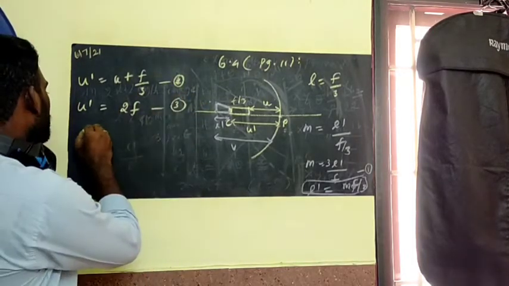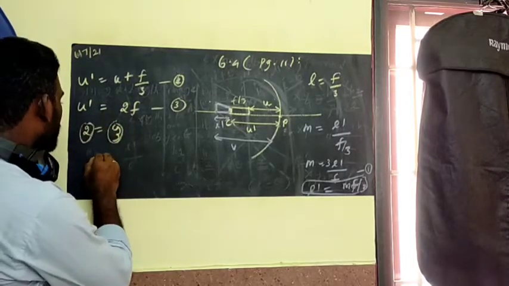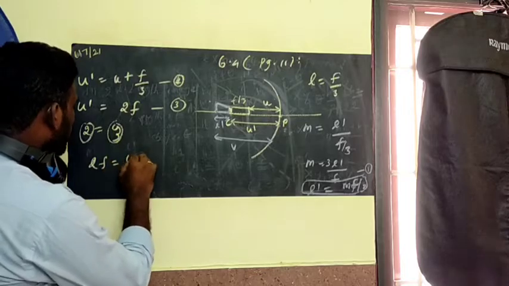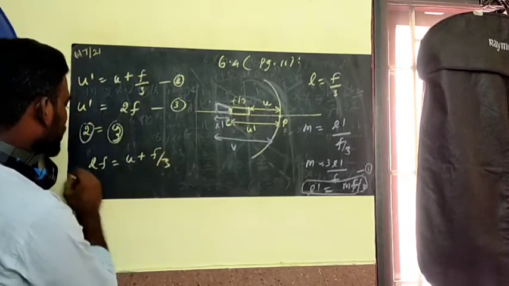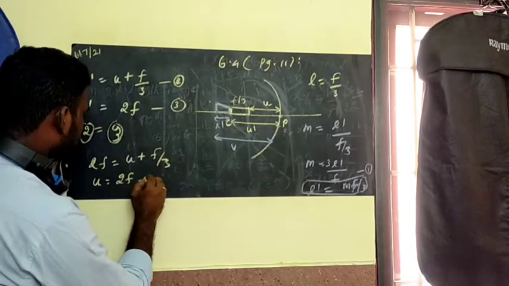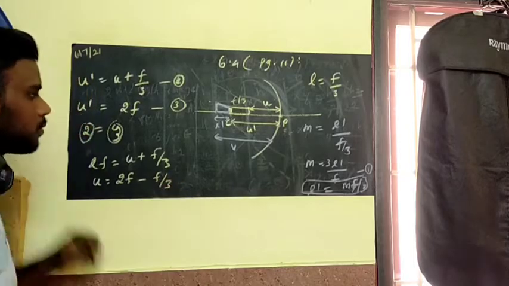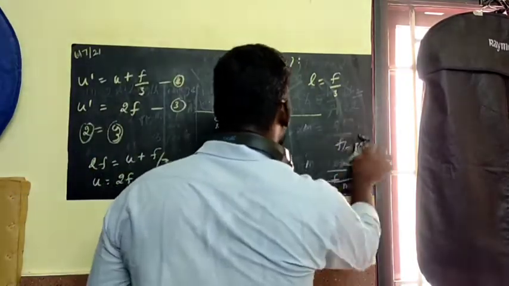Now comparing equations 2 and 3, you can write 2f equal to u plus f by 3. Now transfer the f by 3 to that side, it becomes u equal to 2f minus f by 3. Is that clear?